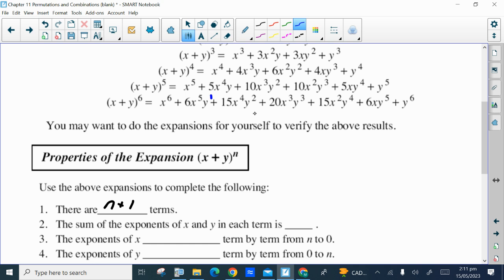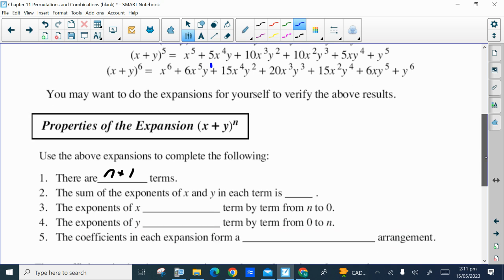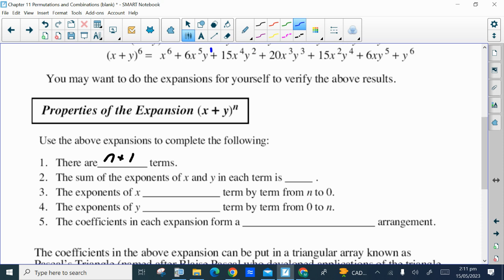Add them together, you get 6. That happens every term. Not only in this bottom row, but if you skip up to the row above, where n is 5, the sum of the exponents in each term is 5. So the sum of the exponents of x and y in each term is equal to n, whatever the power on the binomial is.